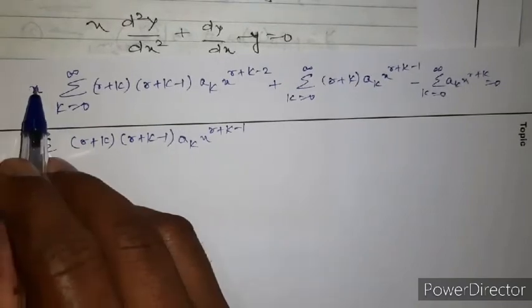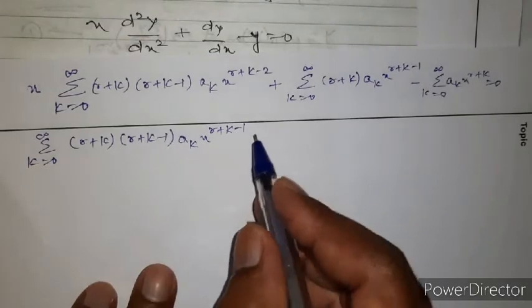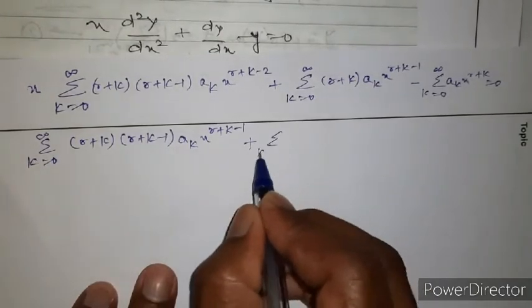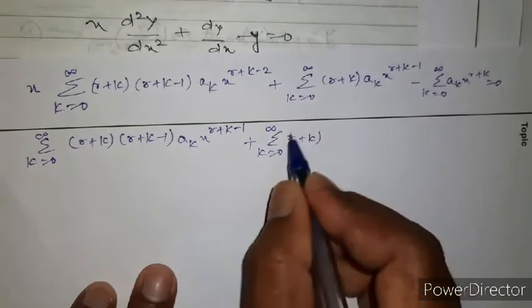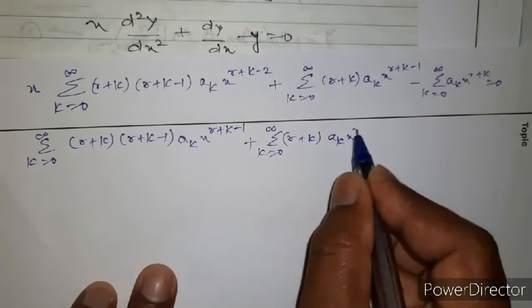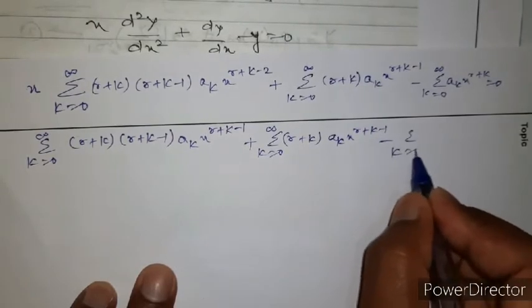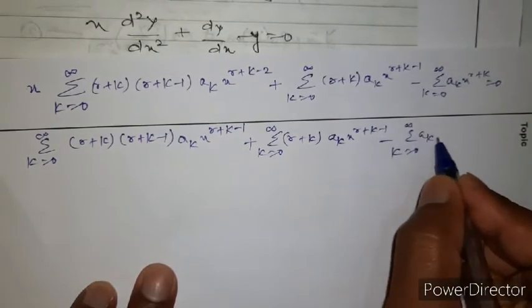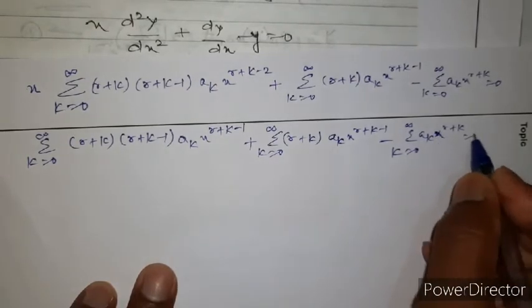Here plus 1 is there with x raised to r plus k minus 2, so I get minus 1. Correct? Plus the series, remaining term as it is, 0 to infinity (r plus k) a_k x raised to r plus k minus 1, minus summation k equal to 0 to infinity a_k x raised to r plus k, is equal to 0, right?